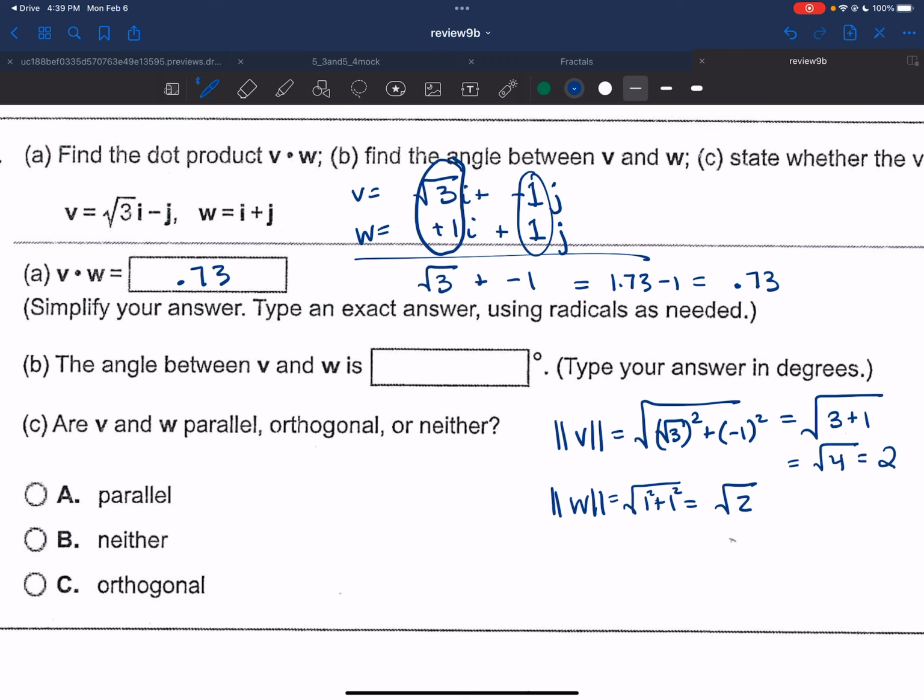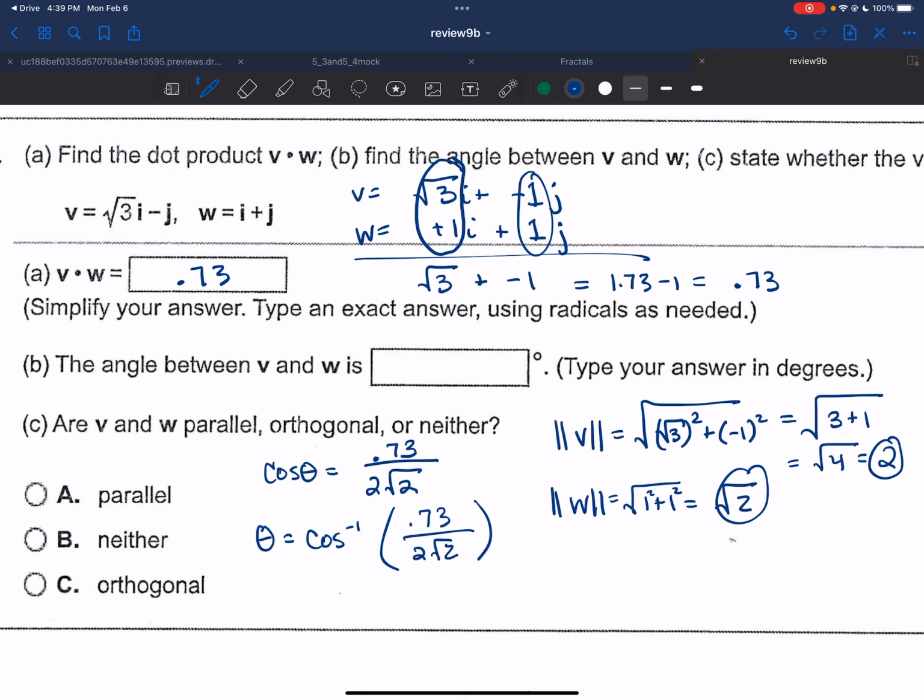So now I have cosine of the angle is equal to 0.73 over 2 root 2, because I'm going to take 2 and multiply it by root 2. So to find the theta, that's going to be the inverse cosine of 0.73 over 2 root 2.